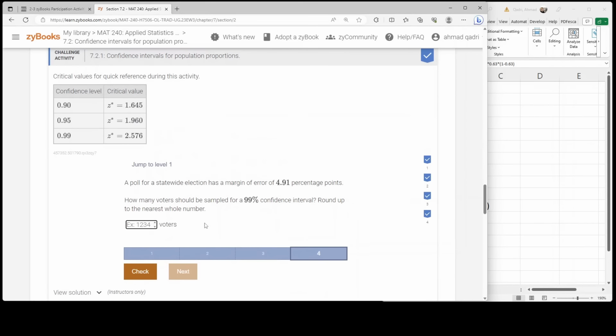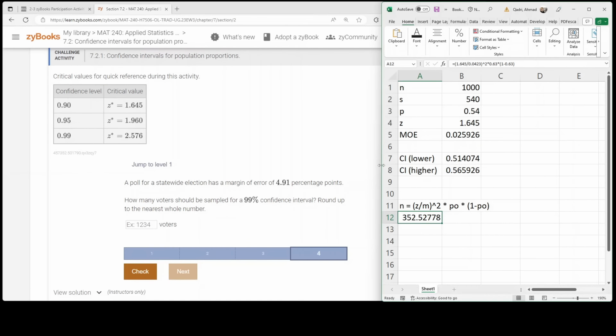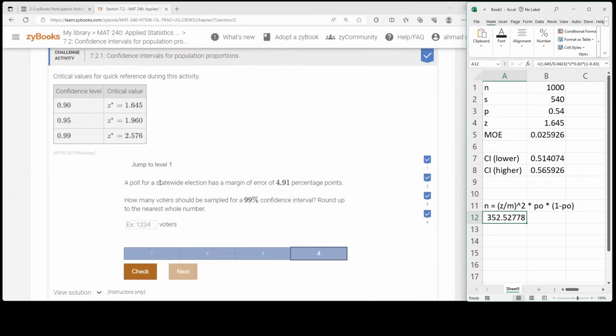And then the last question here is a poll for a statewide election that has a margin of error of 4.91 percentage points. How many voters should be sampled for a 99% interval? Notice this time we don't have p, so we will use 0.5 for the proportion.